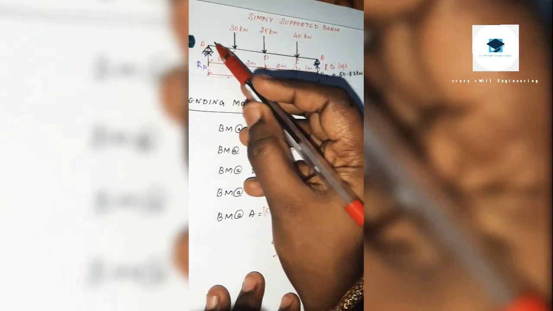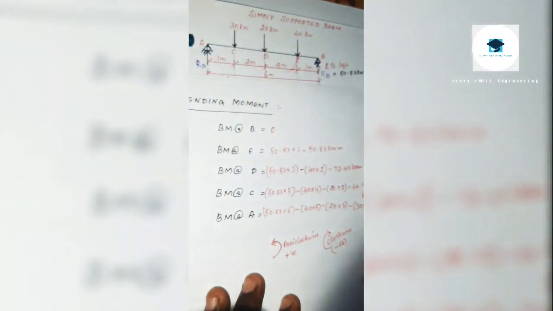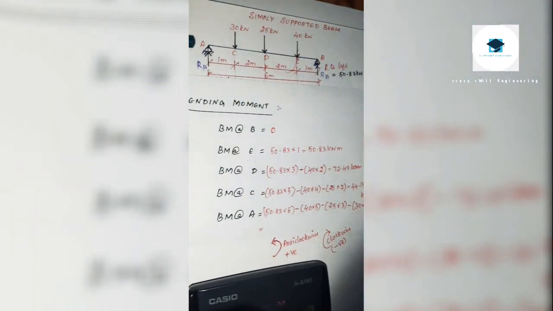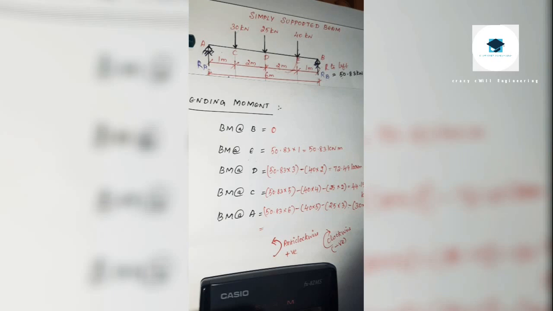Here RA is acting at the point, so there is no perpendicular distance. So the answer is 0.